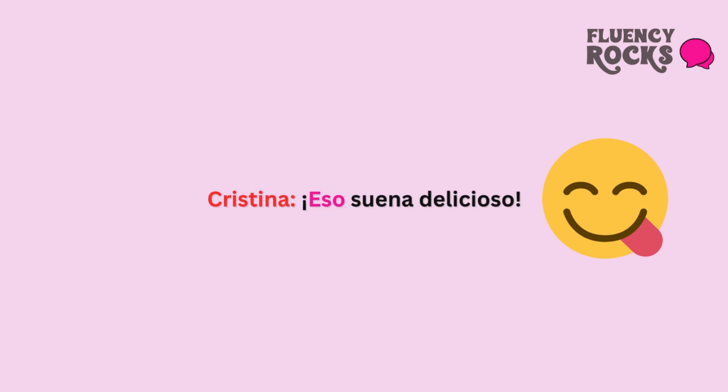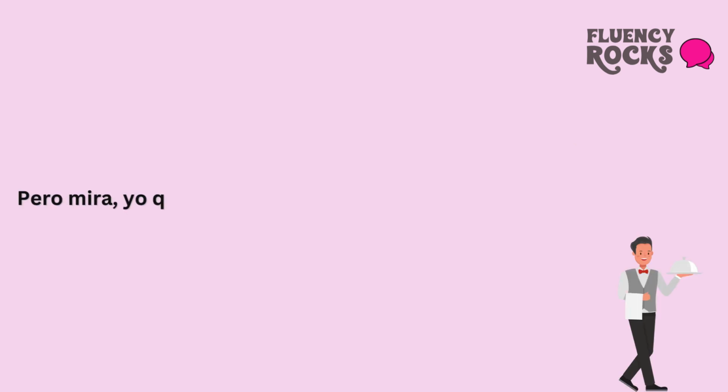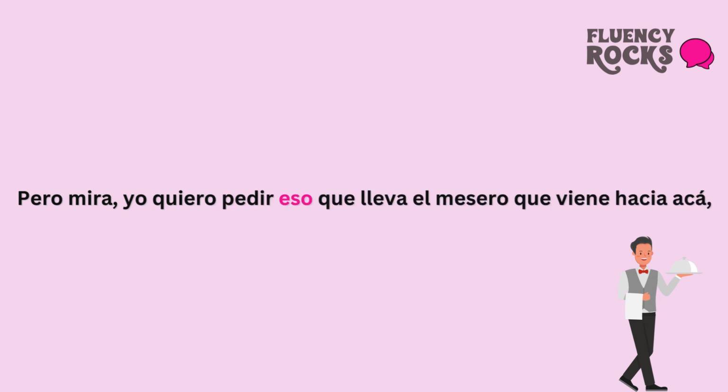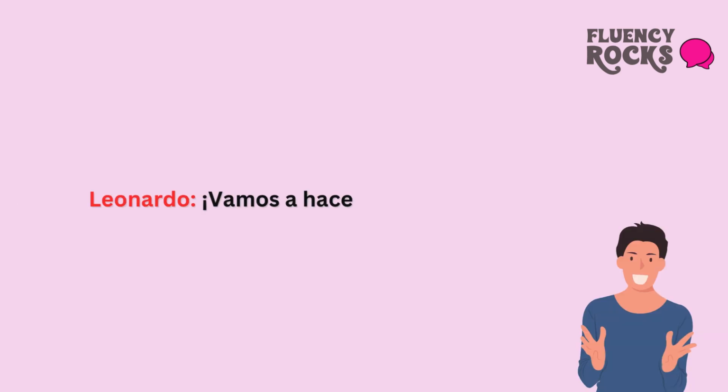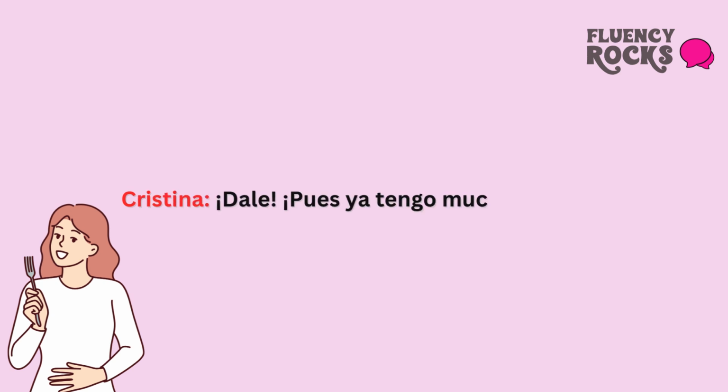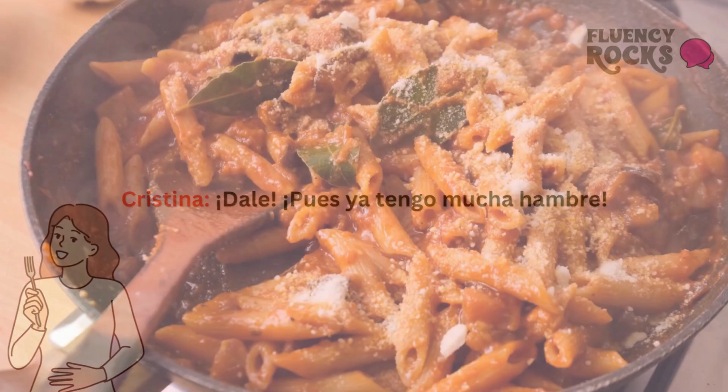Eso suena delicioso, pero mira, yo quiero pedir eso que lleva el mesero que viene hacia acá. Se ve buenísimo. Vamos a hacer nuestro pedido entonces. Dale, pues ya tengo mucha hambre.